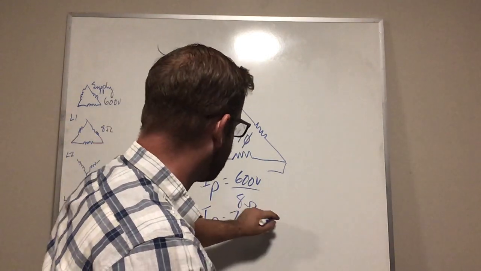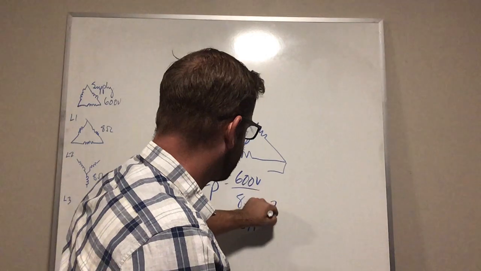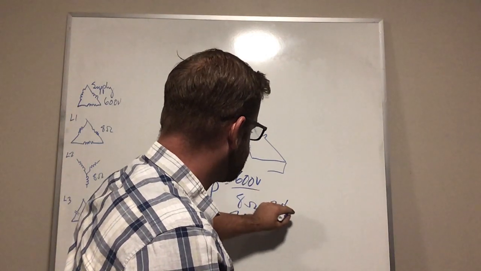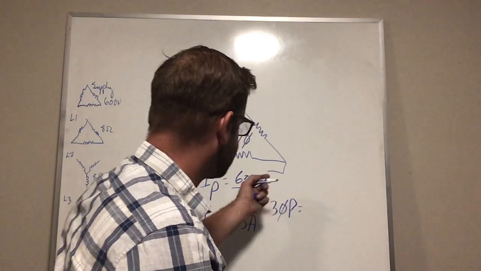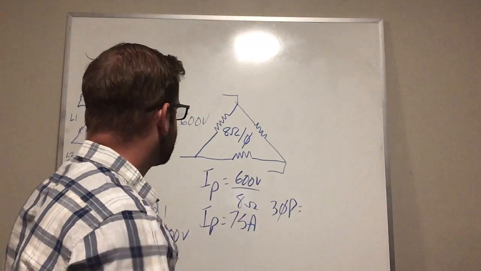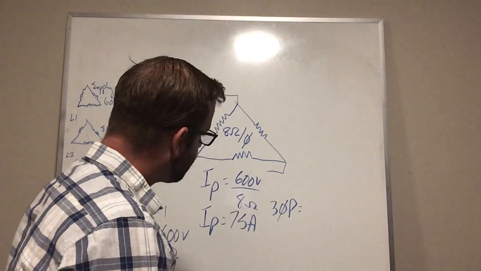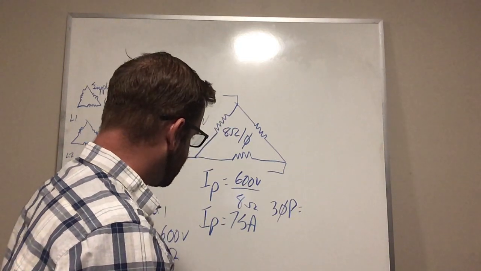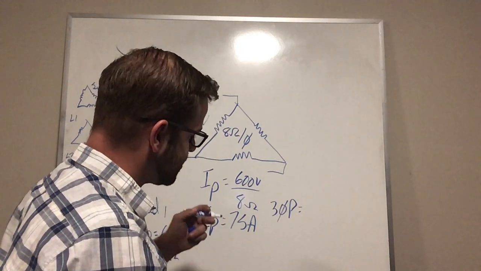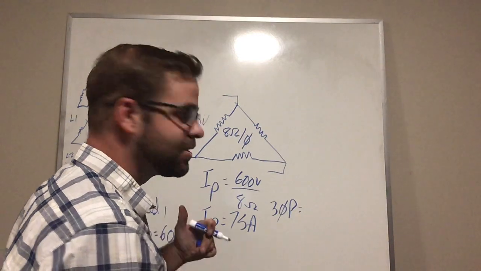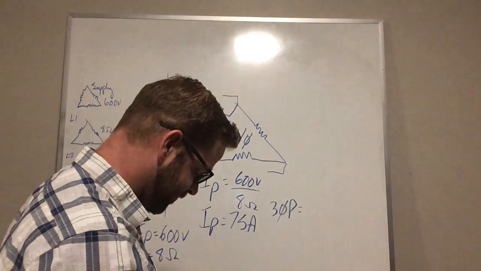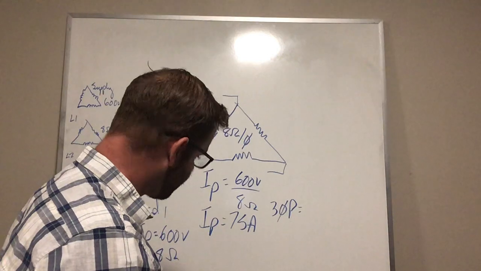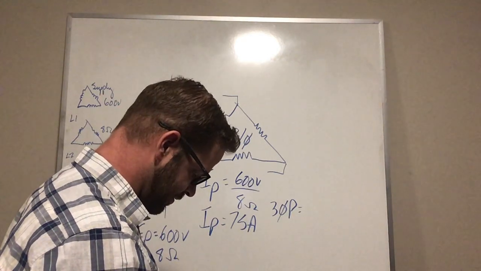Let's find out what our three-phase power is going to be. This value's going to be in watts because it is a resistor. And so the formula, as you remember, is your phase voltage times phase current times 3. 600 volts times 75 times 3.